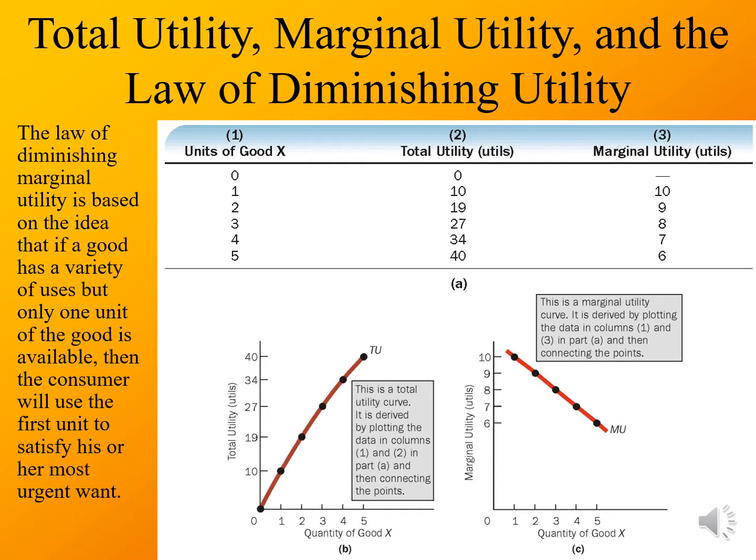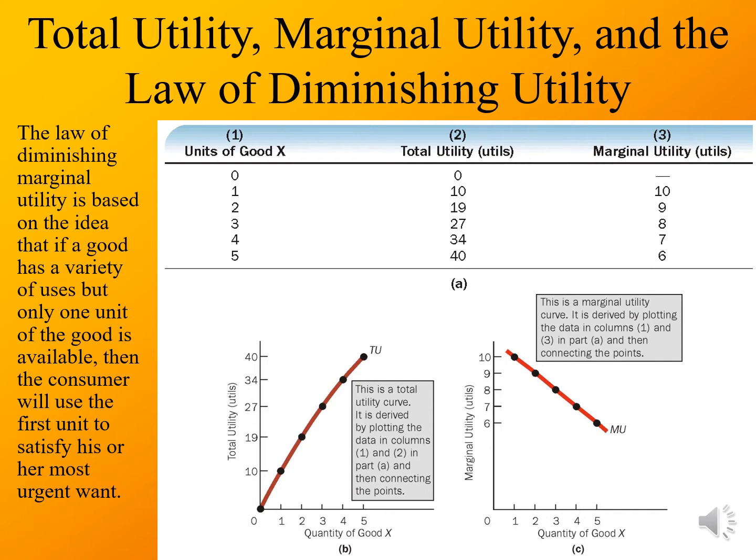But in the third column, we can see that marginal utility keeps on diminishing. Marginal utility is the utility derived from consuming an additional unit. So when the number of units increases, the marginal utility tends to decrease.